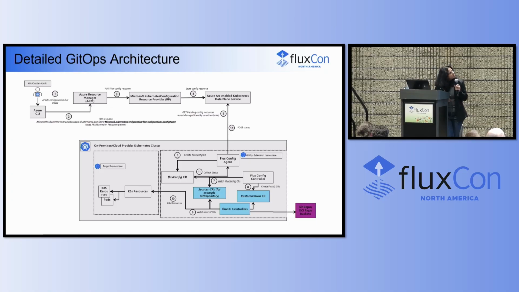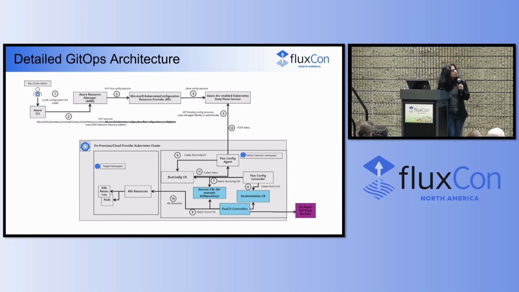So the diagram here puts together everything that we've been talking about so far. The big box at the bottom is your Kubernetes cluster. It can be on-prem, in another cloud provider. It can be a natively managed cluster in Azure. We'll start at the top left. So a GitOps user can use any of the tools that they're familiar with to do a put of either the Flux cluster extension or configuration into Azure Resource Manager.